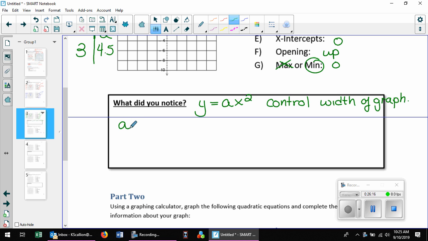Okay. So if A is greater than 1, you guys know what I mean by A? It's just the number in front. I made a statement there that I didn't talk about. So if A is greater than 1, like our 2 graph, what do we notice? It's going to be skinnier, right?